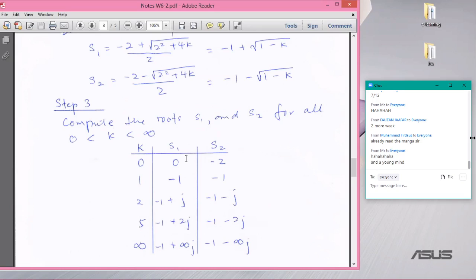So this is the point. This is the path taken by the first root, which is s1. And this is the point on the path taken by s2. And then you can trace out the path taken by s1 and the path taken by s2.